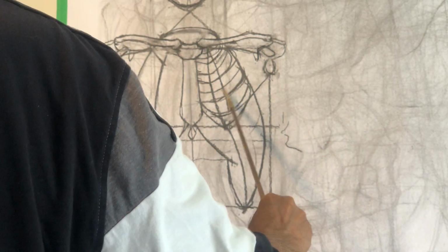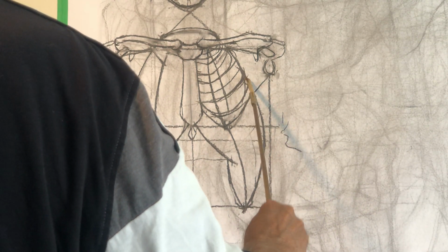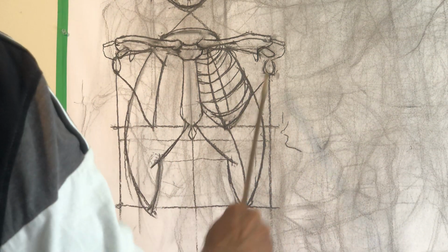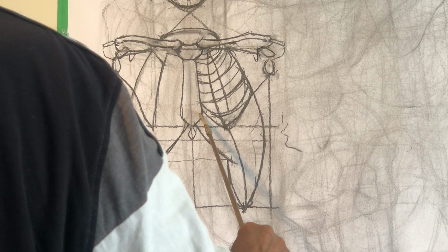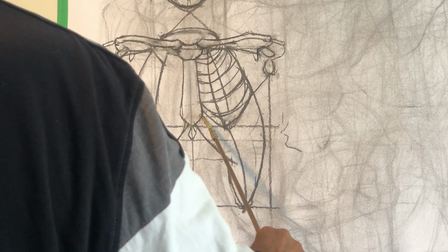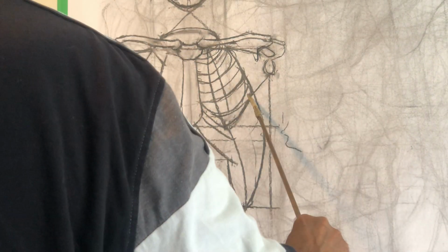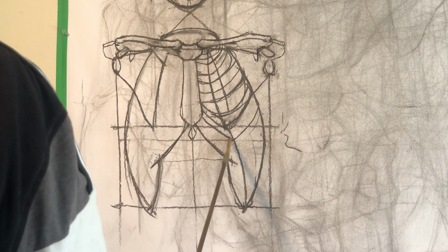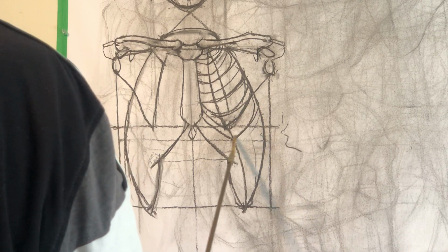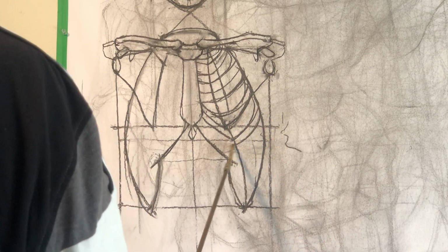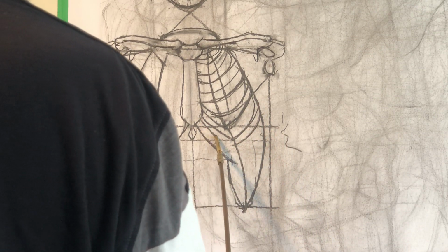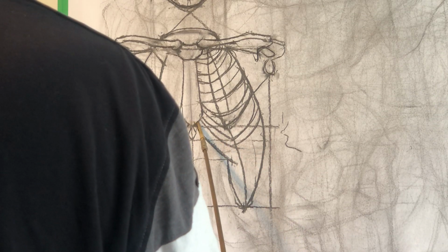take note of how these ribs go. There's more of a curve to them than I'm putting in, but watch it when you guys do them. So anyways, there's one in here, so I'm going to place it here. And there's another one here.